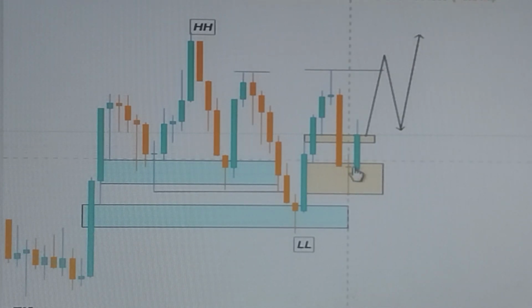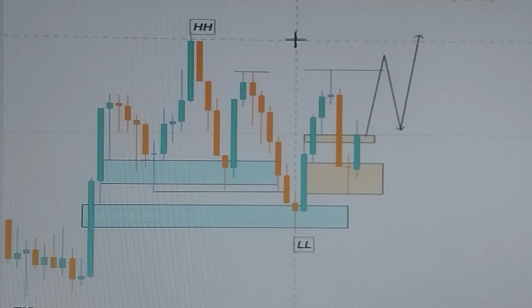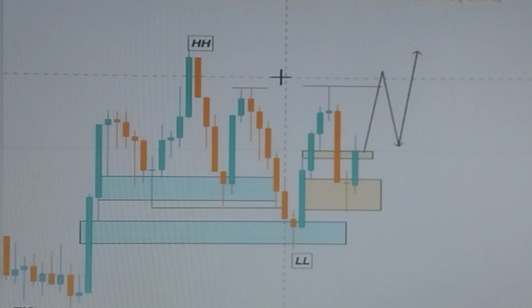Whatever is moving this market in the current situation is this zone that we see here. We can see some sort of high there. That high is the one that carries liquidity as well.